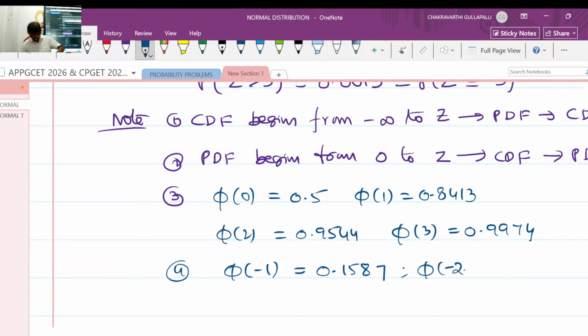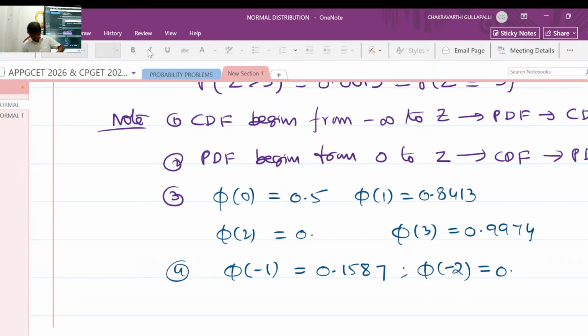Phi of minus 2. This is the phi of 2 value, not this. Phi of 2 value is 0.9772. Remember this one. Phi of 3 value is 0.9987. Remember, don't confuse here.